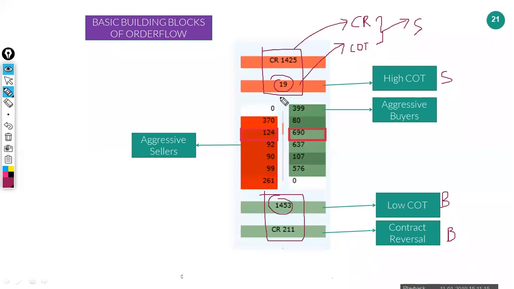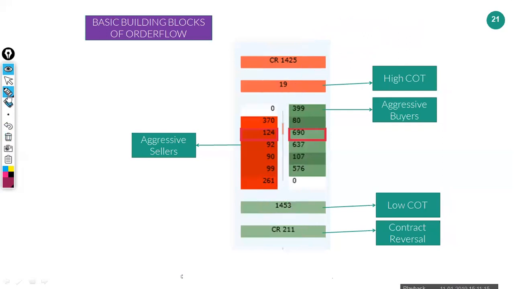But we'll look in detail at what COT and CR usually mean. They are nothing but derivatives of the delta. It's a formula derived from the delta, minimum delta and maximum delta, and from that they figure out what the seller COT or contract reversal is, what the pressure is that is actually going on. I'll talk about it in detail, but first we'll complete the basics.